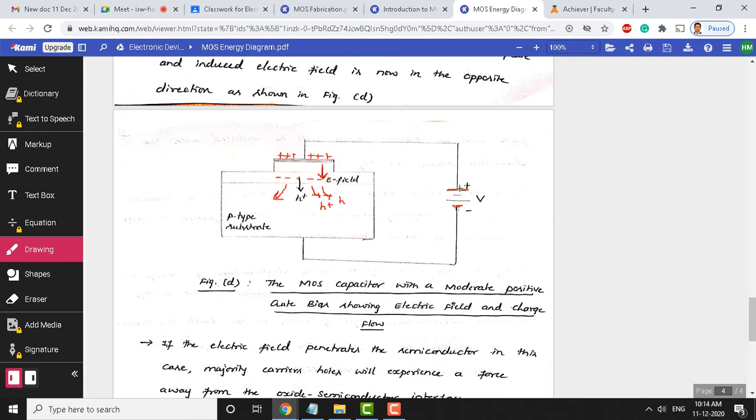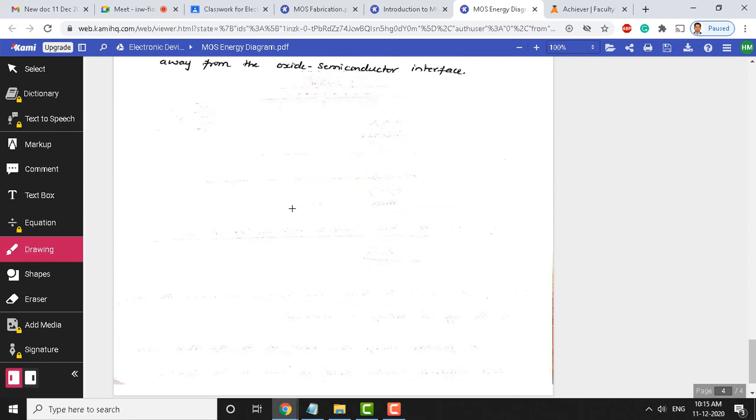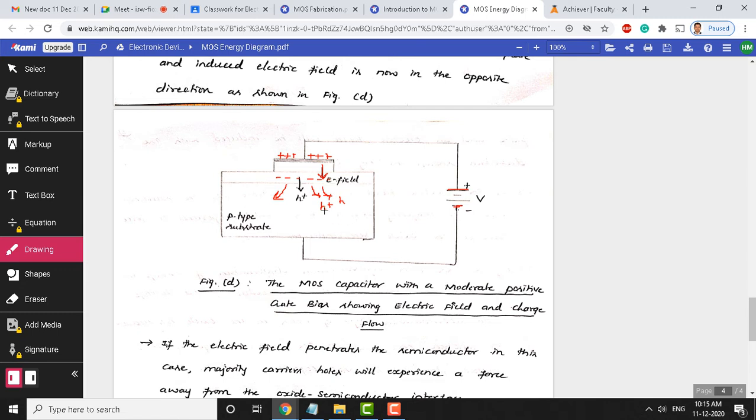In this case, due to the positive gate voltage, the electric field acts from the gate to the channel. This electric field is responsible for the movement of holes away from the oxide semiconductor interface. This diagram shows the formation of the inversion layer that we discussed with reference to the MOSFET.